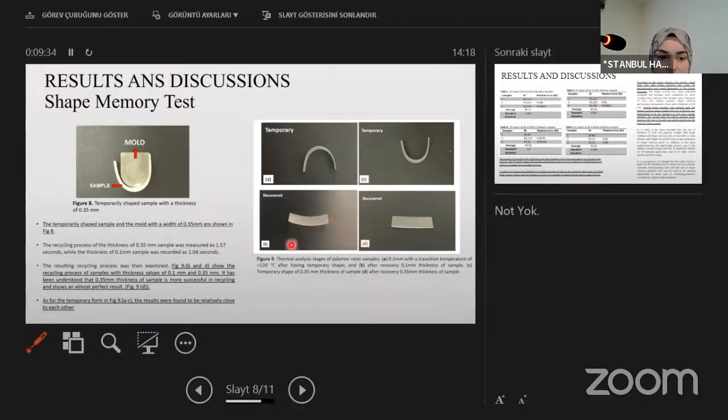It has been understood that the 0.35 millimeter thick sample is more successful in recovery and shows almost perfect results, as you can see in D. And also, as for the temporary forms in Figure 9 A and C, the results were found to be relatively close to each other.